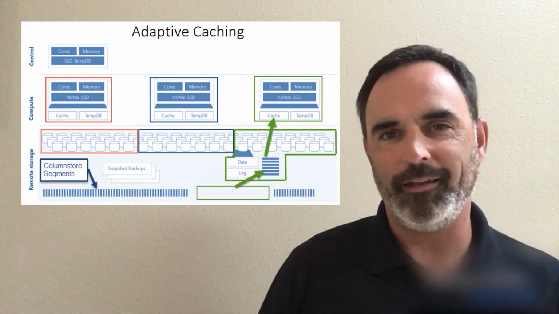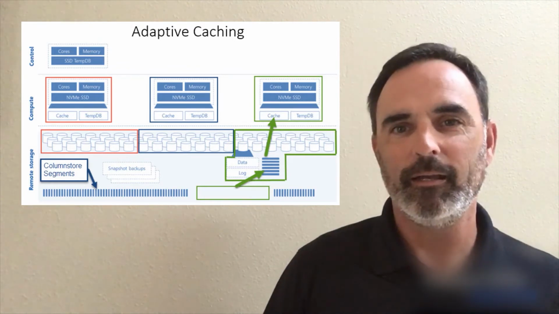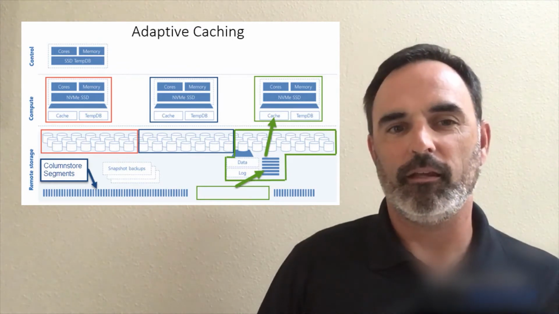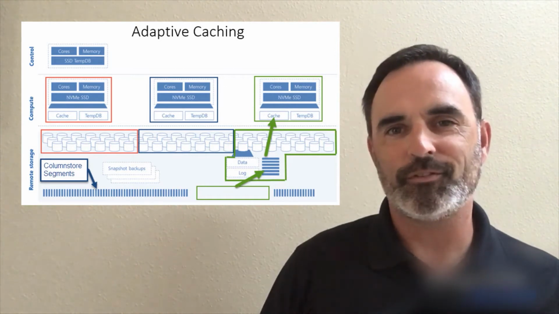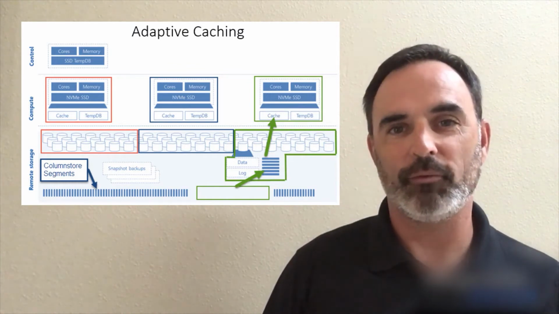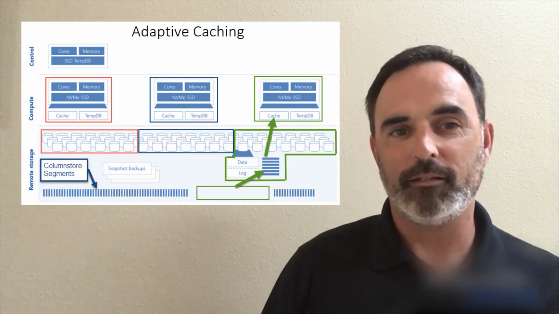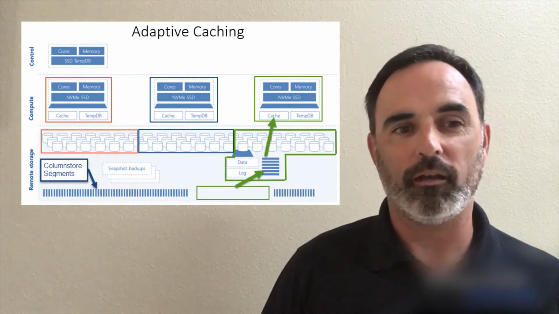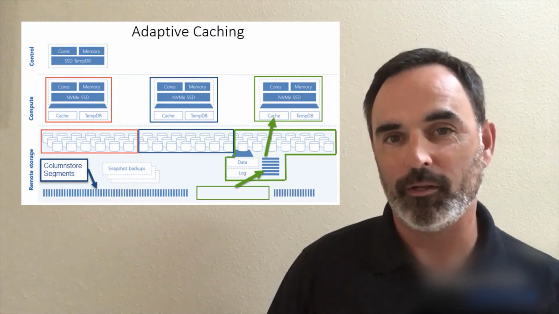But what I want to highlight here as far as the query performance is this notion of adaptive caching. What that means is that when we use column store indexes, previously all of that data was stored, like I said, remotely on Blob Storage. But with adaptive caching, it actually brings certain column store segments into the compute node itself.